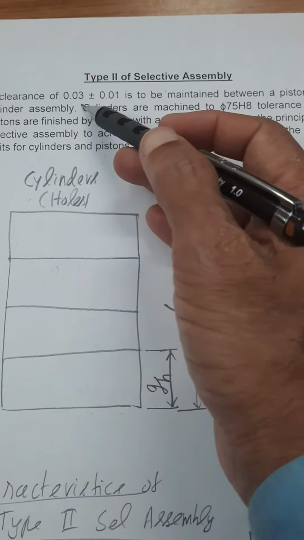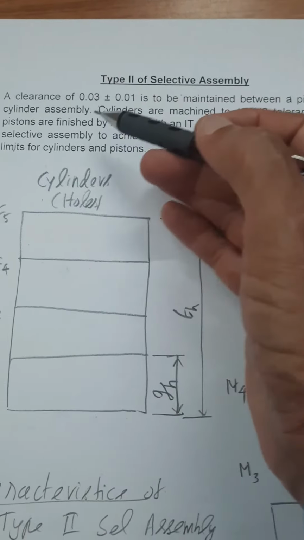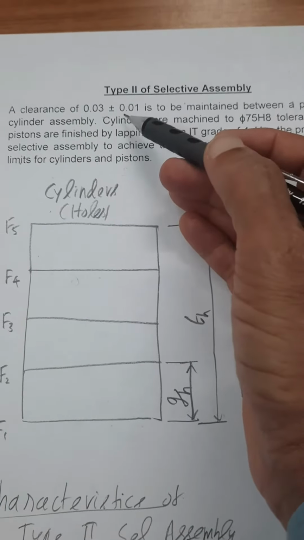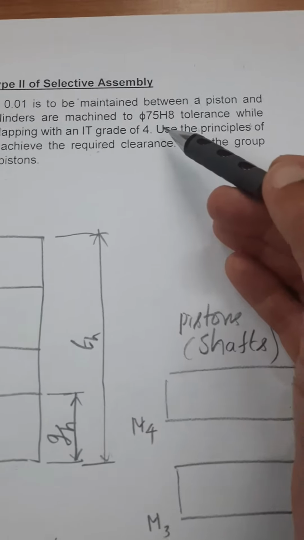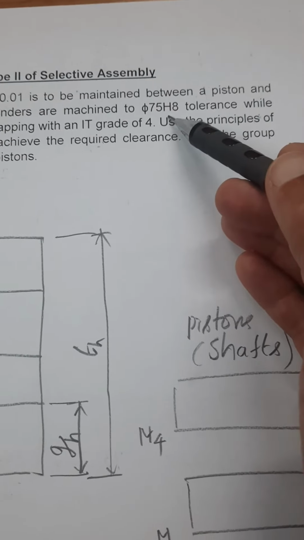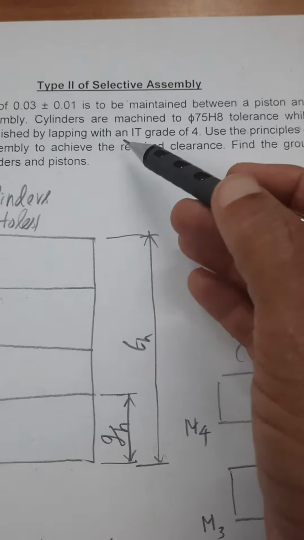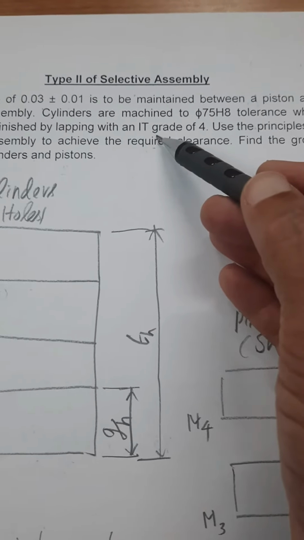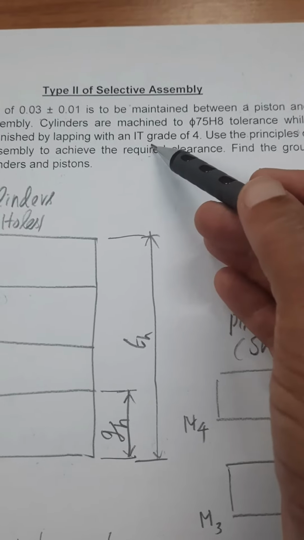We need to maintain a clearance of 0.03 plus or minus 0.1 between the pistons and cylinders. The cylinders are manufactured to dia 75H8, while the pistons are finished by lapping with an IT grade of 4.